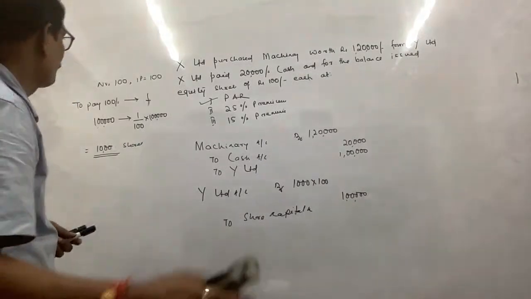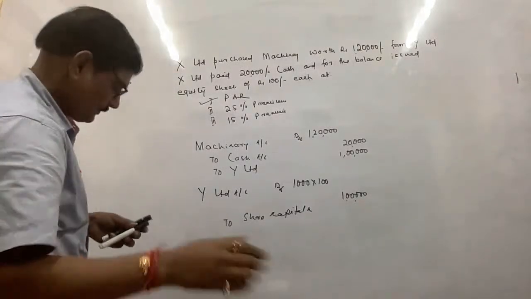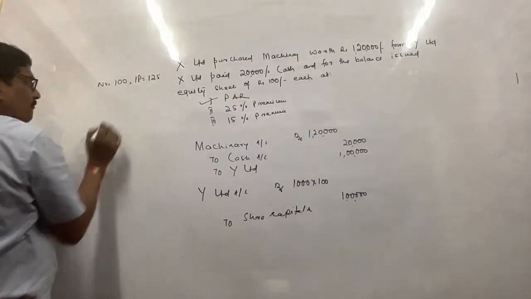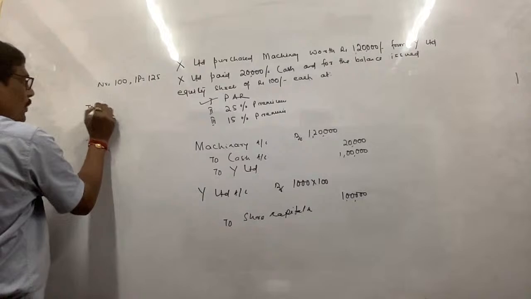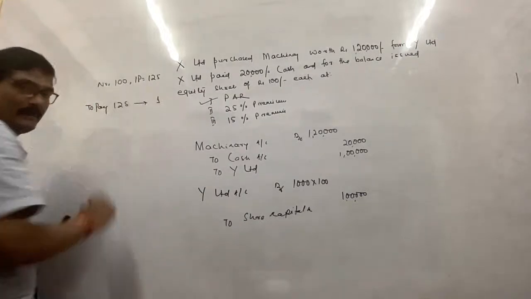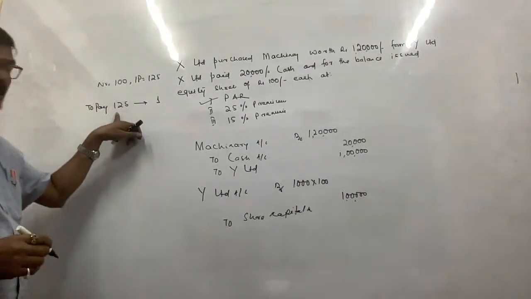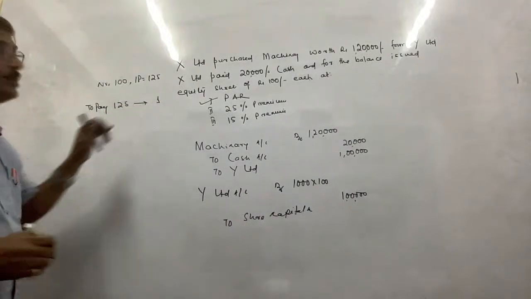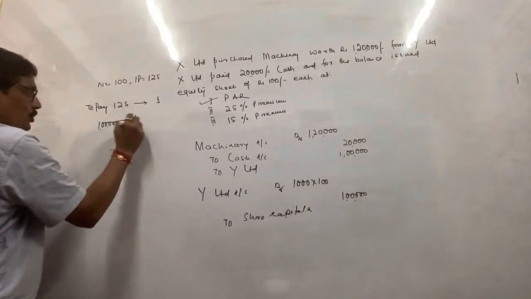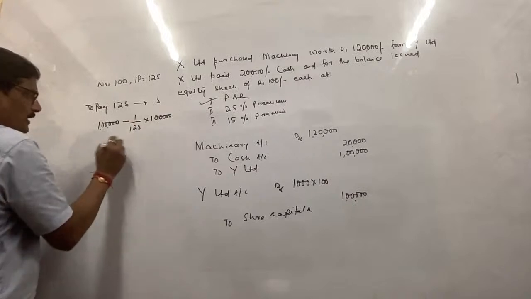Now you see, nominal value 100 and issue price is 125 means to pay 125, number of shares issued is 1. So to pay 1 lakh, I have to issue 800 shares.